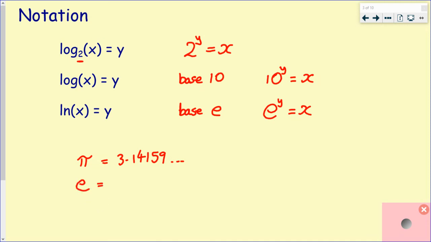It has a value close to 2.718281828. You might think that repeats as a pattern. It doesn't. It changes. It's all a bit like pi. And it has some really interesting properties that we can look into another time.